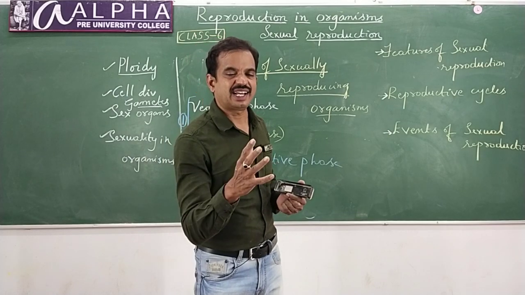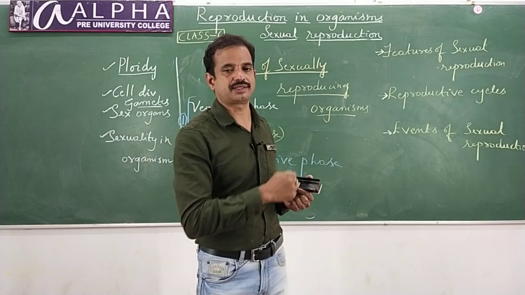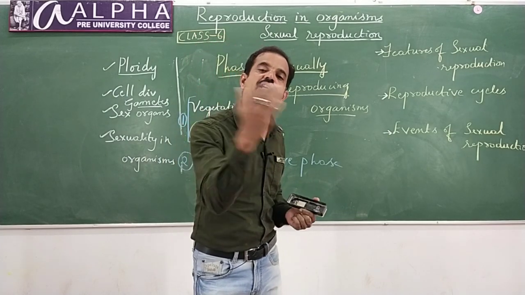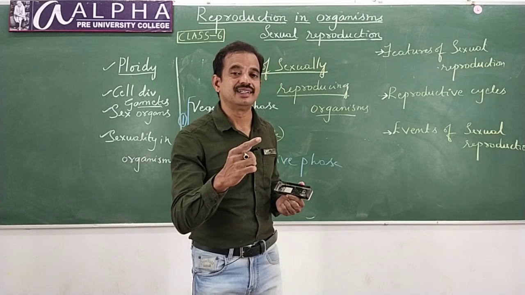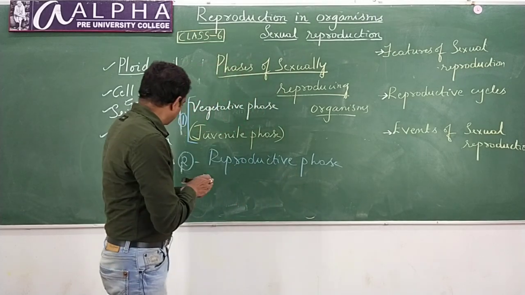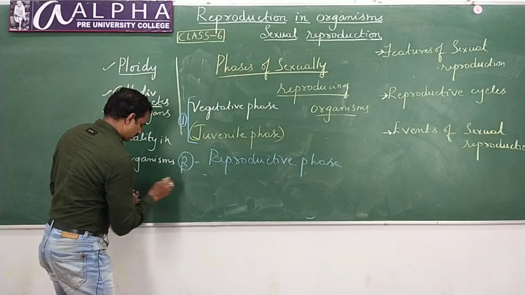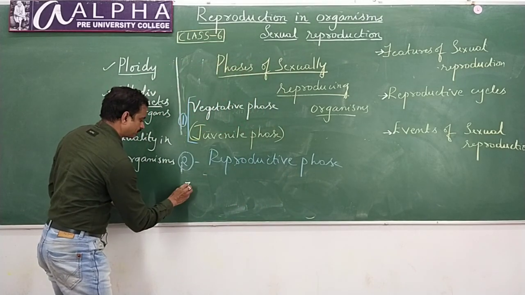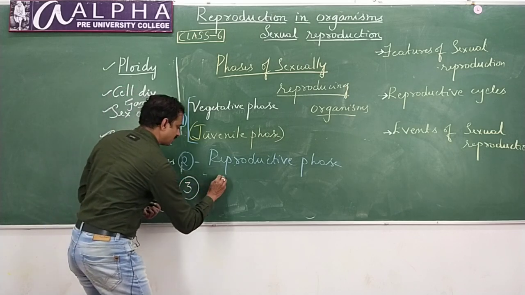We call that a senescent phase, or a phase of aging, which ultimately leads to death. Okay, so the phase 3, the third phase, is senescence.